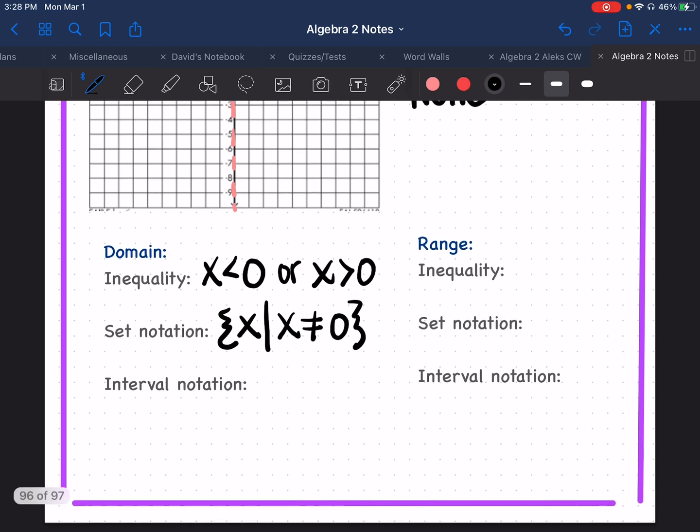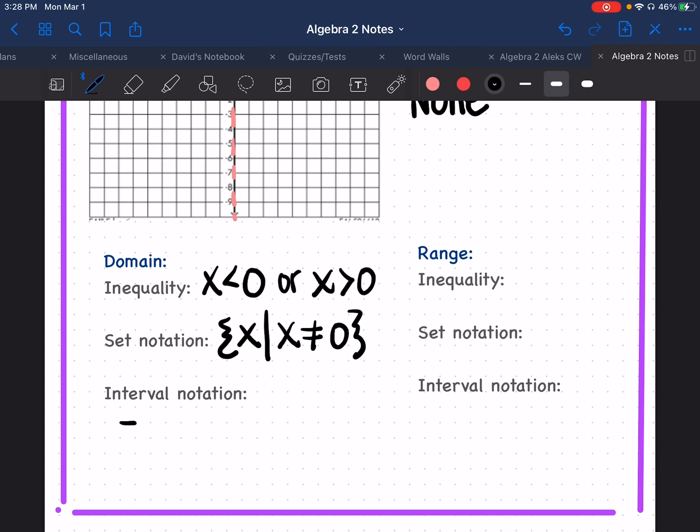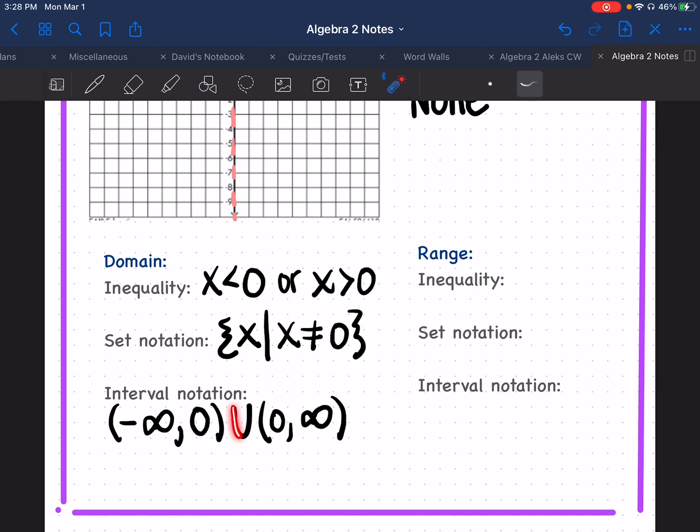If I were to write it in interval notation, I would start with negative infinity, which always gets a parentheses, comma 0, and I'm using 0 because it is h, union 0 to positive infinity. Now I'm using the union because it does have the two different branches, and I'm using the parentheses because 0 is my asymptote, okay?